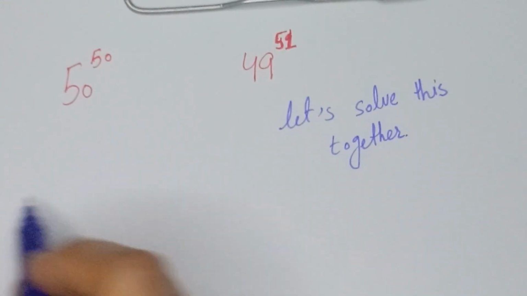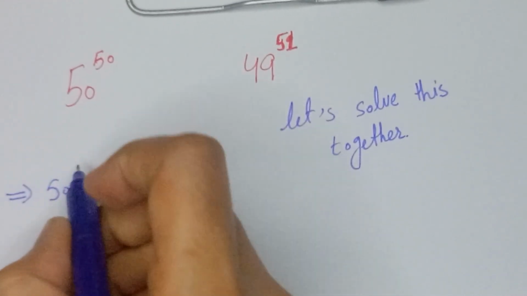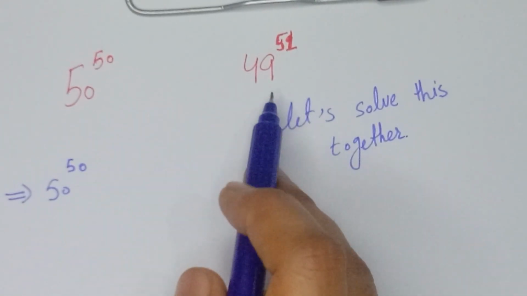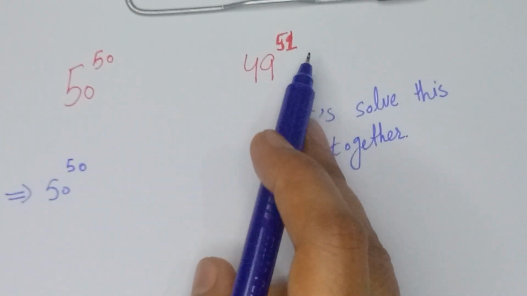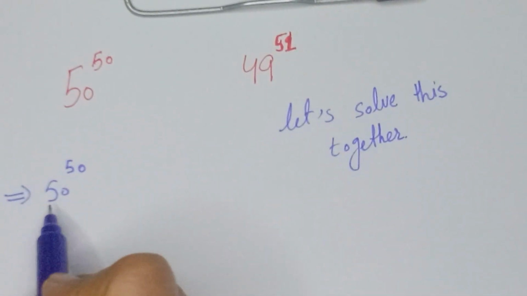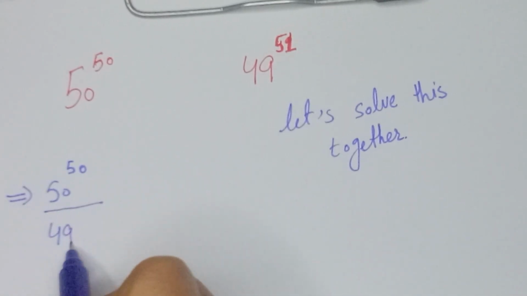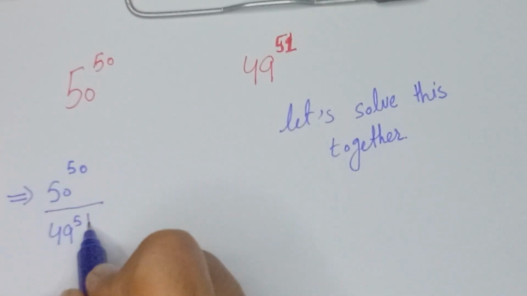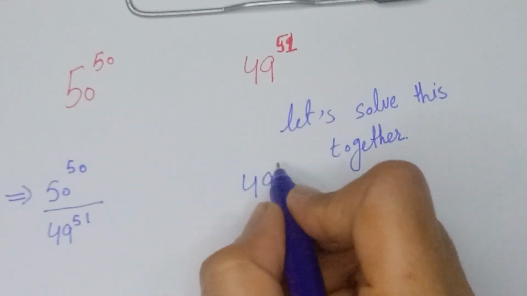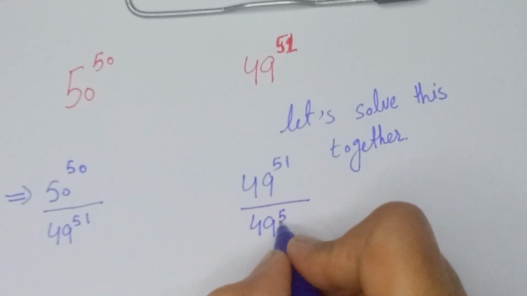Now what do we do first? Let me put it down here. 50 power 50. We are going to divide both sides by 49 power 51. So 50 to the power of 50 divided by 49 to the power of 51, and on the right hand side 49 to the power of 51 divided by 49 to the power of 51.